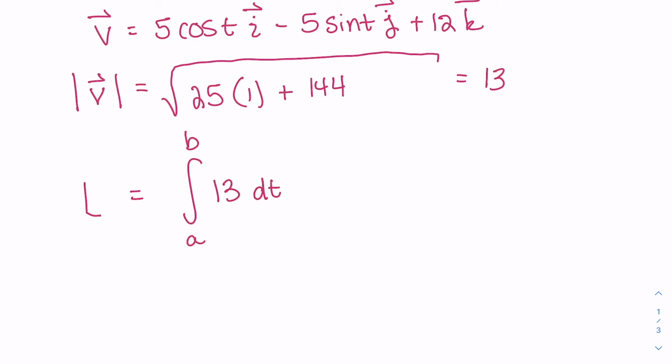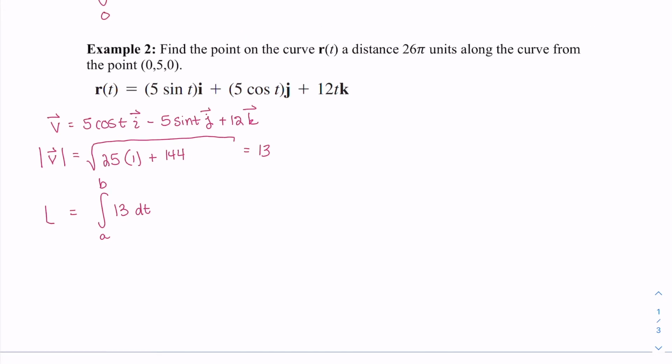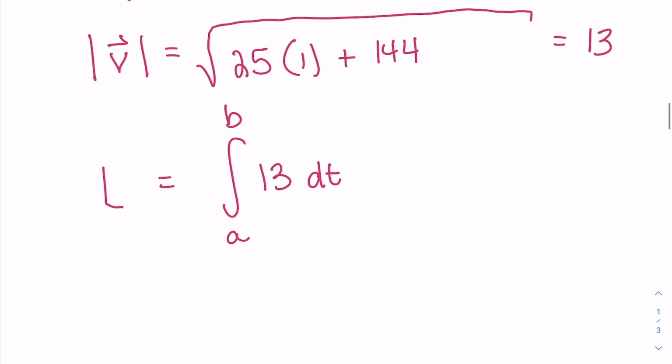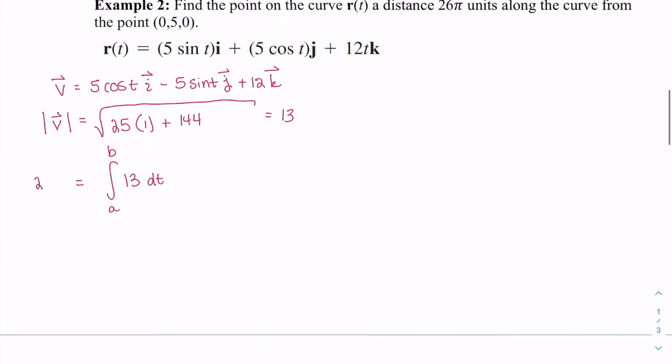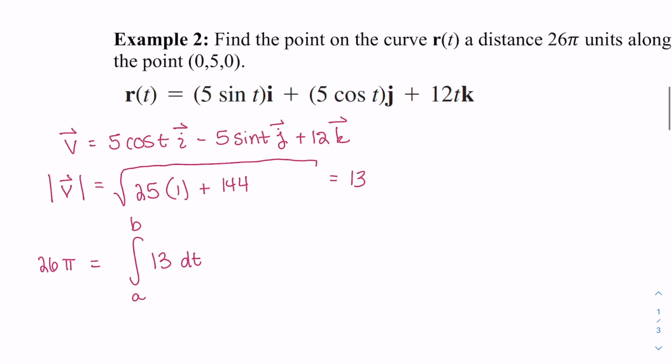And what were we given? We were given what the arc length is. So we know this arc length is 26 pi. So we can plug that in for L. And then our bounds, we weren't given any bounds, but we know the lower bound.